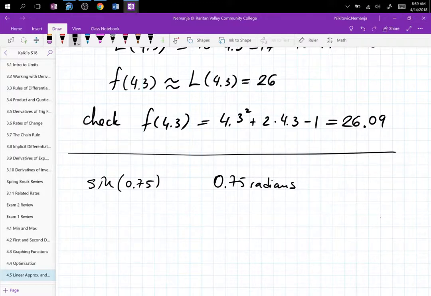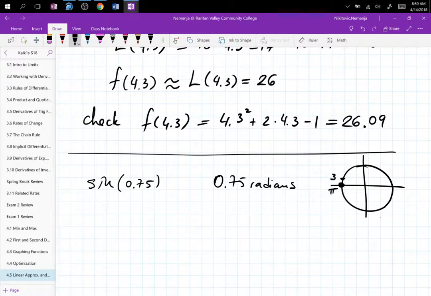So 0.75 radians, if you draw your unit circle, you know that over here is pi radians, so over here is 3 radians. Somewhere over here is 2 radians.